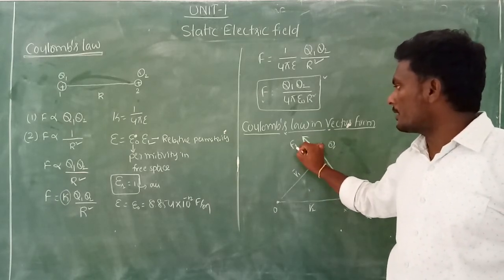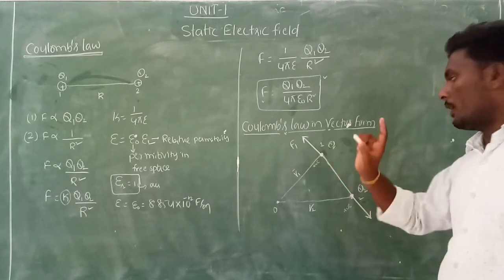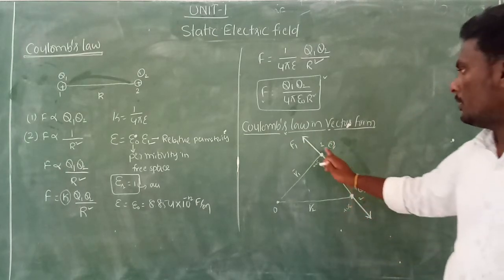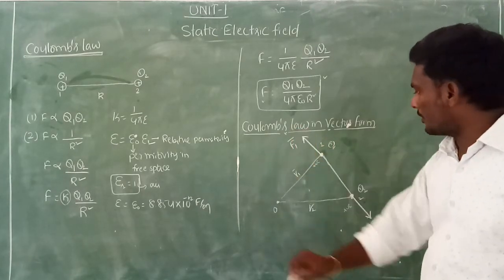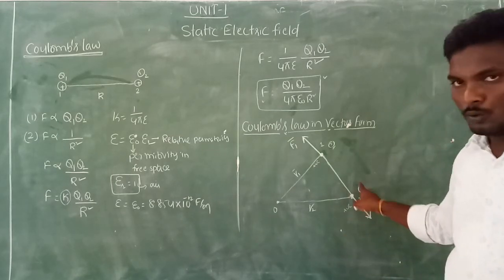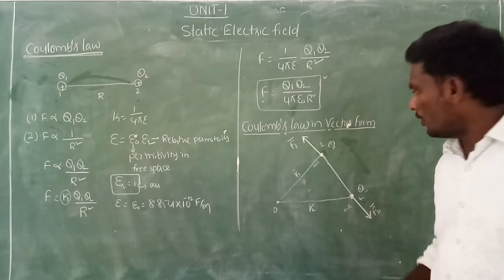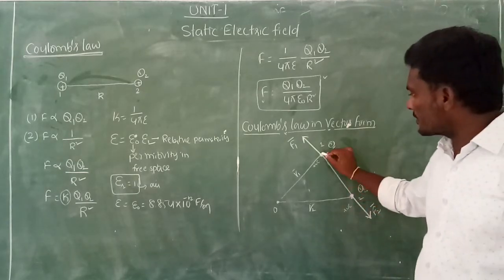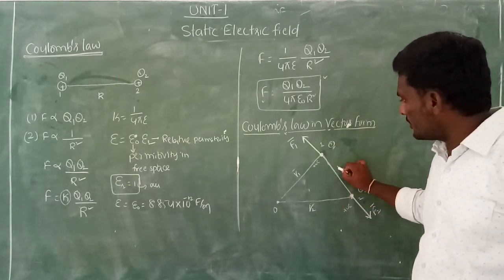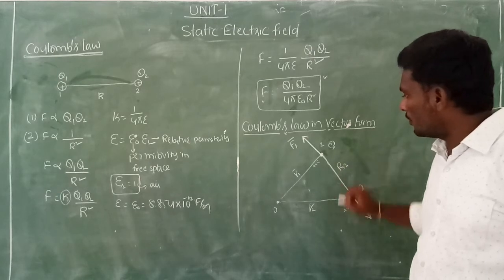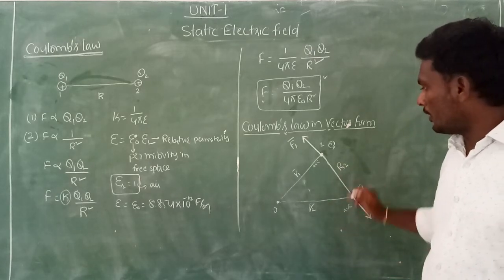Let us name them. The force exerted on q1 due to the other charge q2 is F1 bar, as it is a vector, and the force exerted on q2 due to q1 is F2 bar. Now consider the distance between these two charges is capital R12. Why am I writing 1, 2 as a subscript?